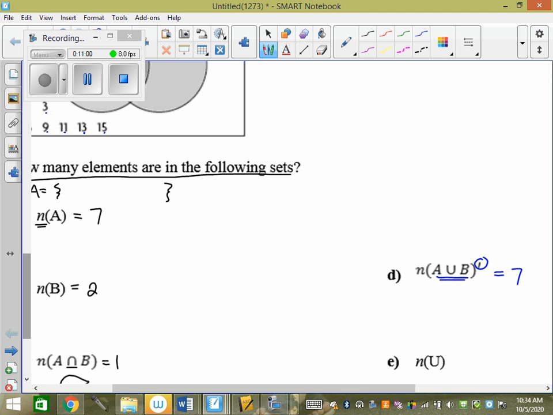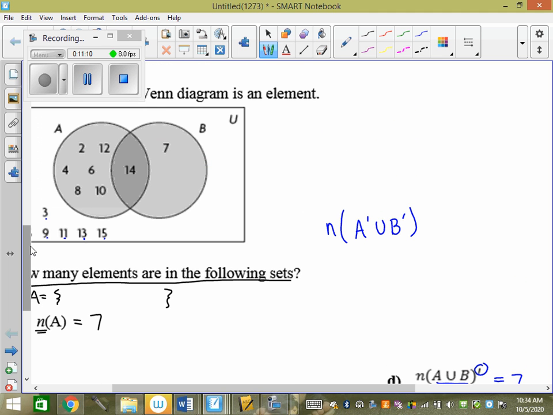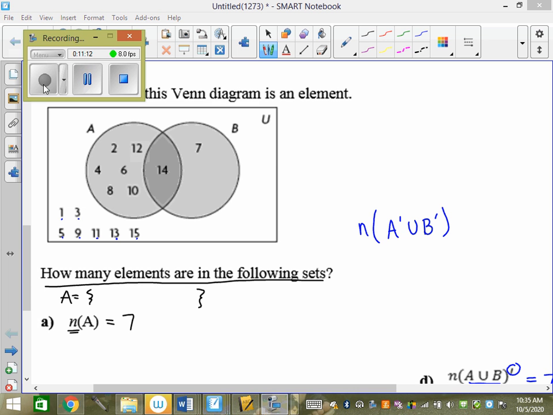I'm going to give you a side one. Do this one. Try that one out. I told you when they're both negated, rewrite it with the negation outside, and what happens? You flip the symbol.